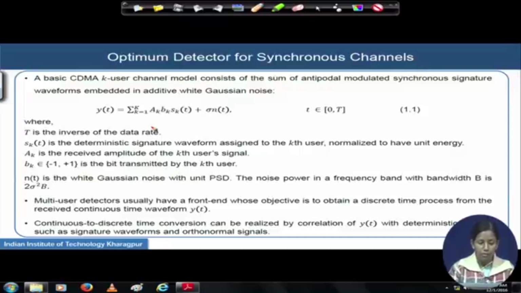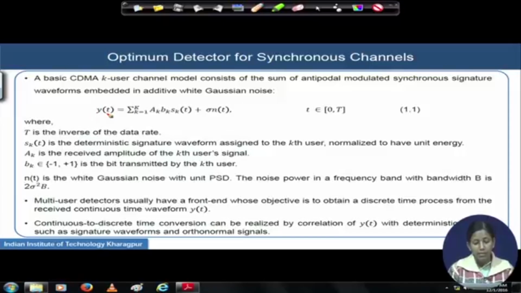Now, you have received this continuous domain signal at the front end of the receiver, and in a CDMA receiver, basically in a multi-user detector, the objective of the front end of the receiver is to obtain the discrete time information from the continuous time signal received by the antenna.